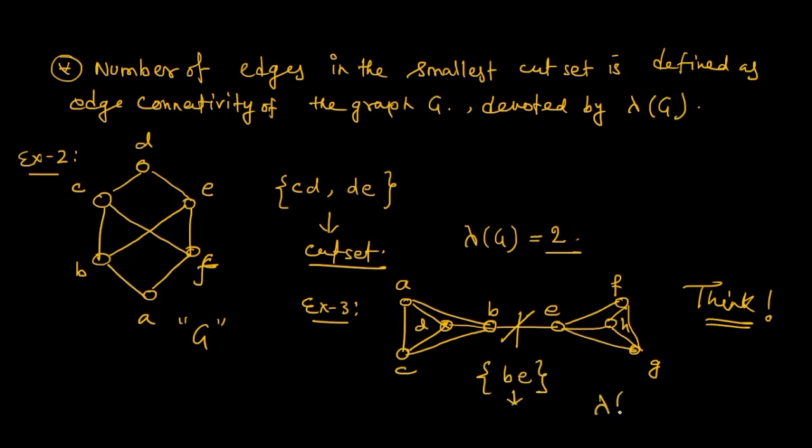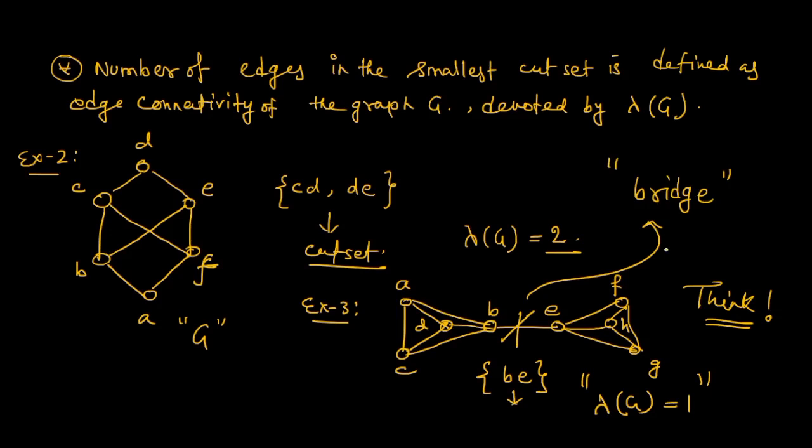So if you denote this graph by G, then in this example lambda of G will be 1, because this is the smallest cut set you are getting. In such a case, when lambda of G is 1, this particular edge is called a bridge.